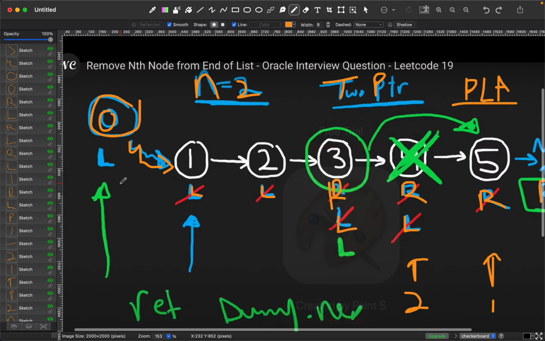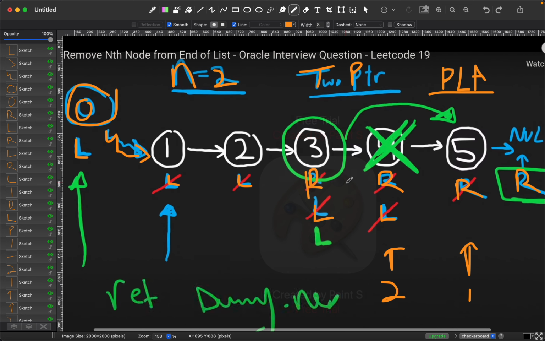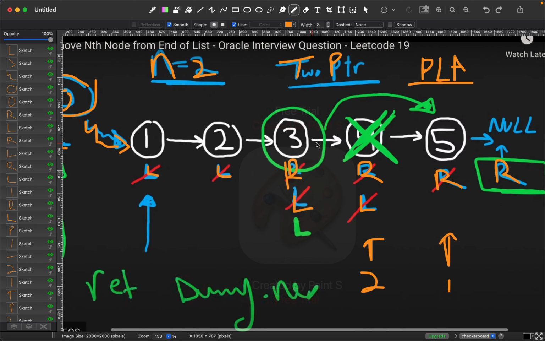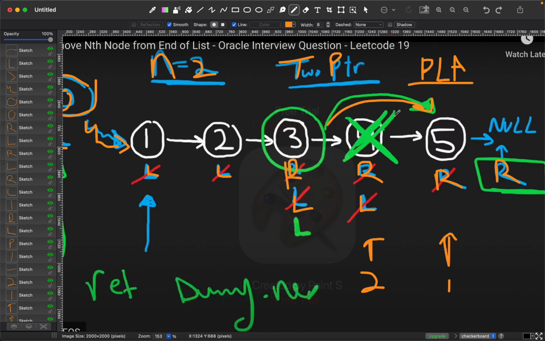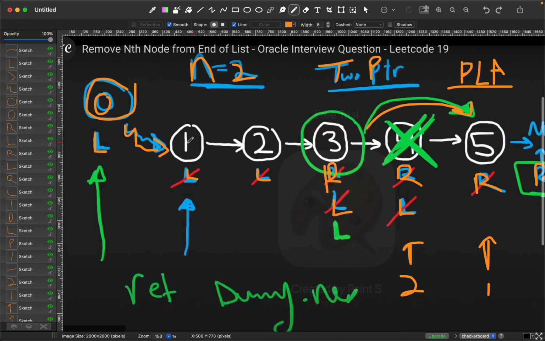And what it does is that you establish your L to be here instead, so that eventually you will be able to land on the one that is before it, so that you can actually remove the next node, because that's how you remove the next nodes. You put the action verb over to the node that you want to skip, and that's how you actually remove these nodes. So that's how they do it, just by producing this dummy node, one node before.